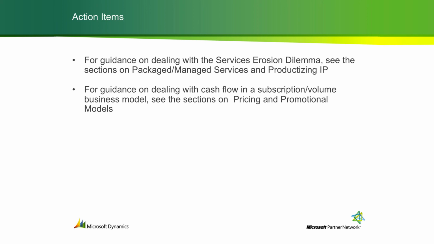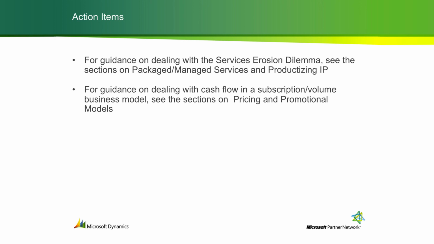The other section has to do with productizing IP, where you're able to codify your existing expertise, previous project code, domain expertise, those kinds of things, produce that as a product, package it, if you will, as IP, and get the margins that are associated with software product, which of course are higher than in most, if not all cases, the margins available from services, particularly given the level of services margin erosion that we're seeing.